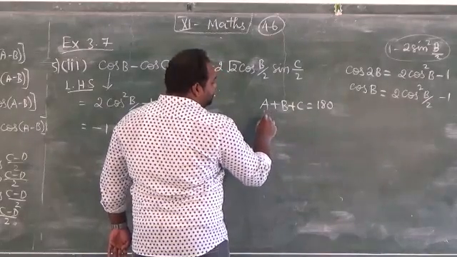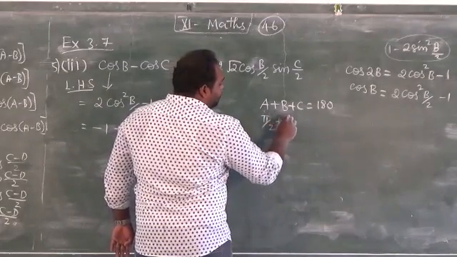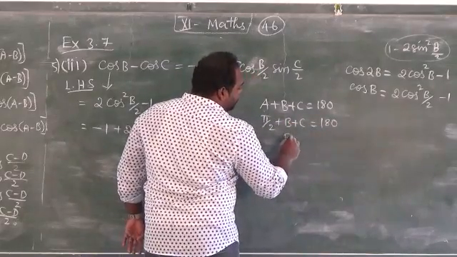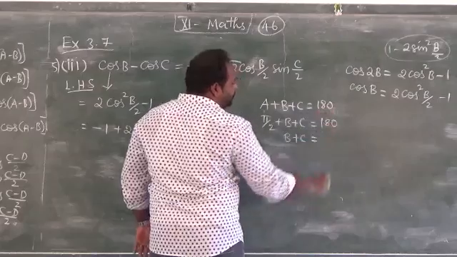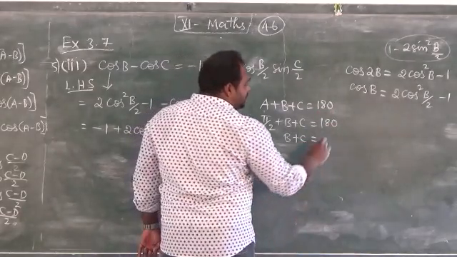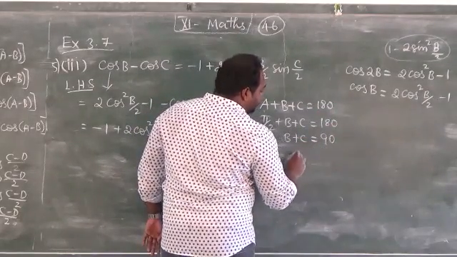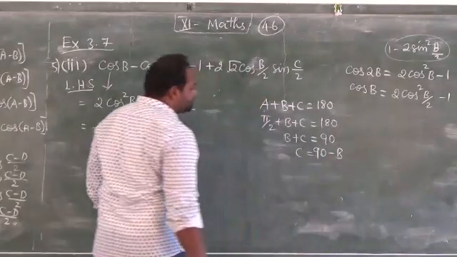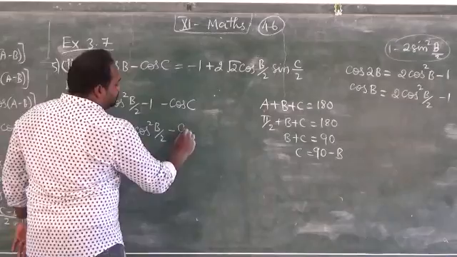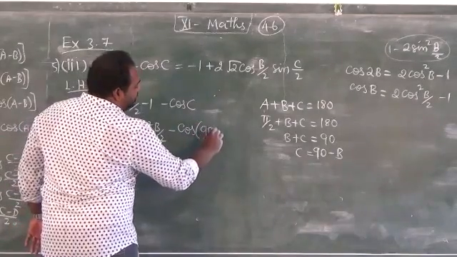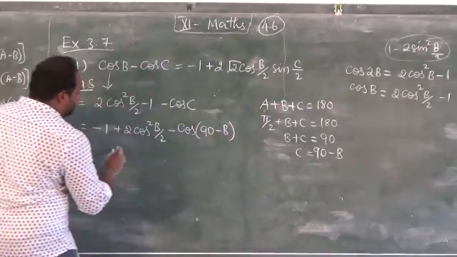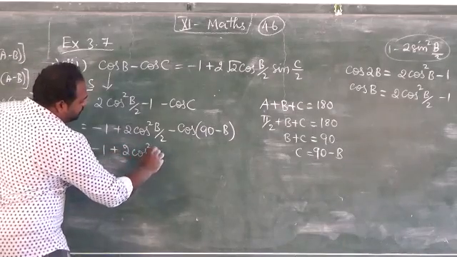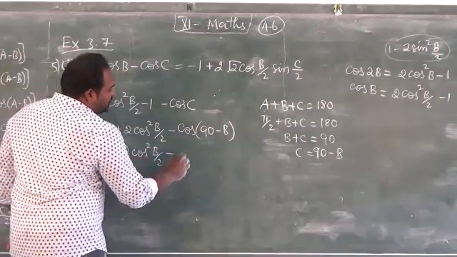A is already given as 90 degrees, plus B plus C equals 180 degrees. So B plus C, if you bring 90 to this side, 180 minus 90 is 90. So C is equal to 90 minus B.